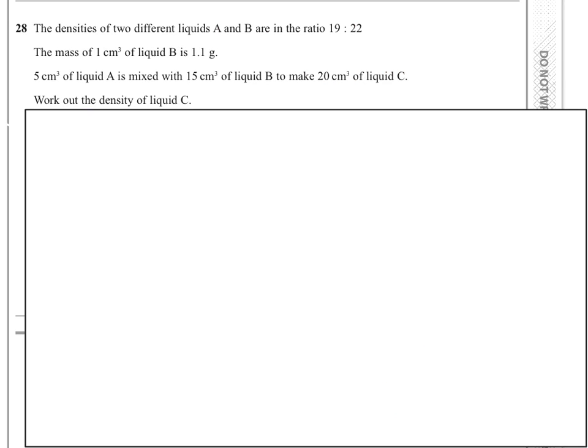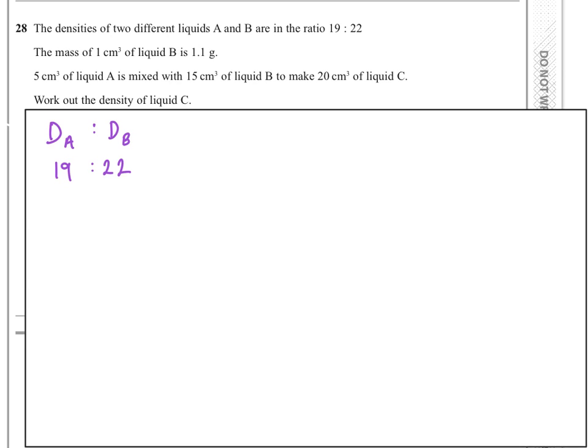Question 28, a very difficult question. Very difficult. The densities of two different liquids, A and B, are in the ratio 19 to 22. So let's get that down first. So the density of A to the density of B is in the ratio of 19 to 22.